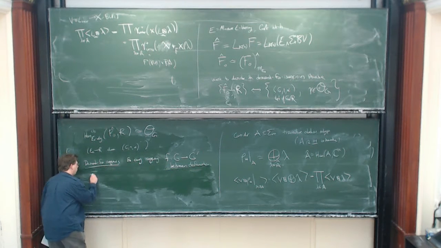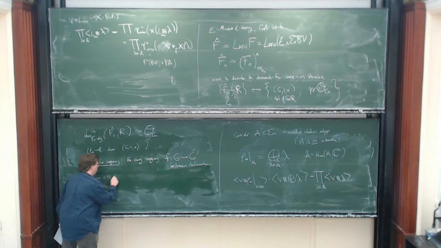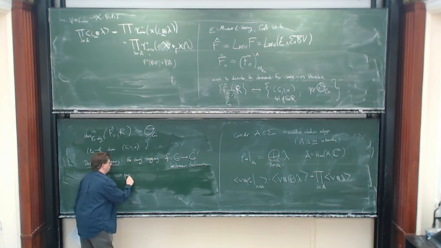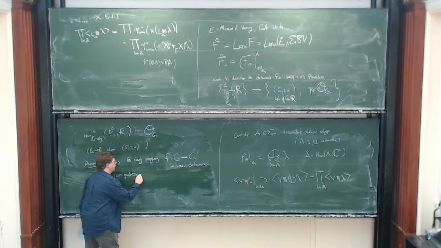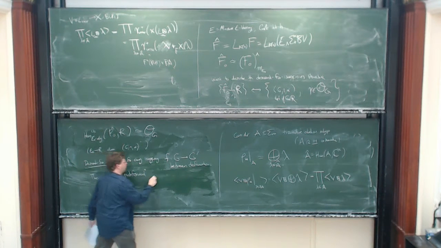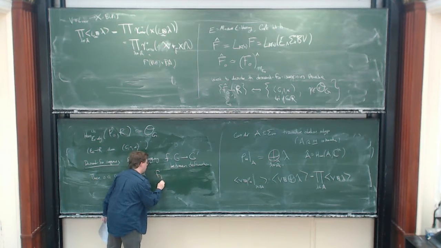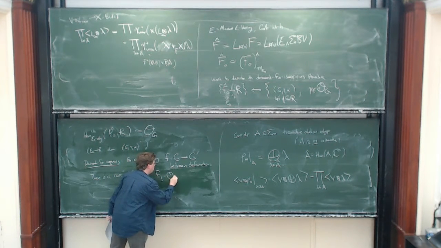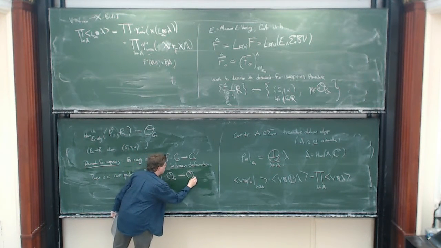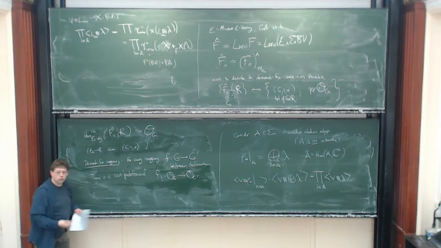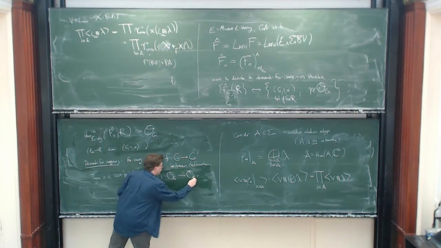So there's a corresponding push forward. It's just my name for the map, f lower shriek. This will go from O_G to O_G prime. So this goes in the opposite direction that functions usually go. I'm not pulling back, I'm pushing forward.